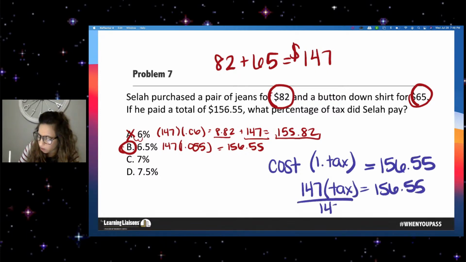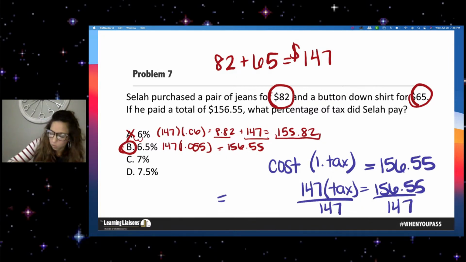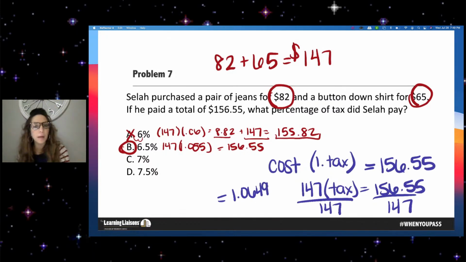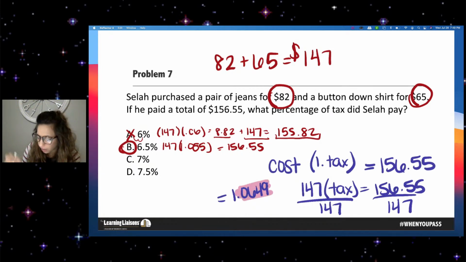Divide both sides by 147. And I get 156.55 divided by 147, 1.0649, and I'm going to leave it there. What does that mean? That means that this right here is my tax percentage, which is 6.5%. So 2 different ways to solve this problem, but both are very valid and correct ways.